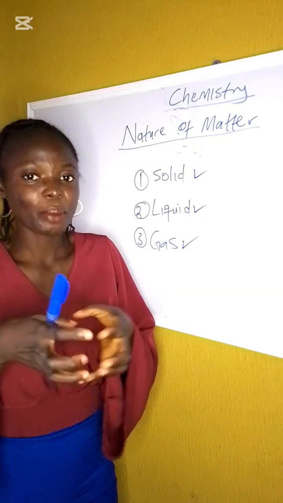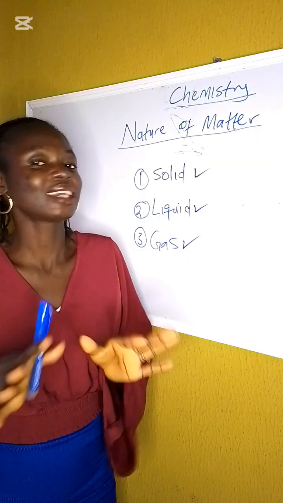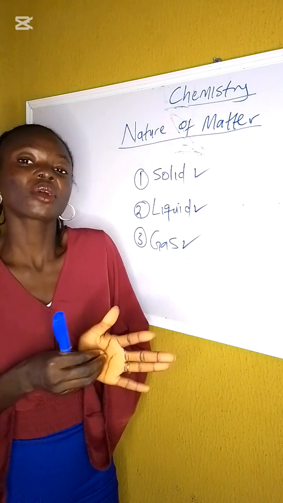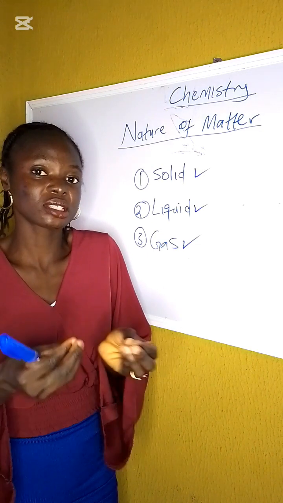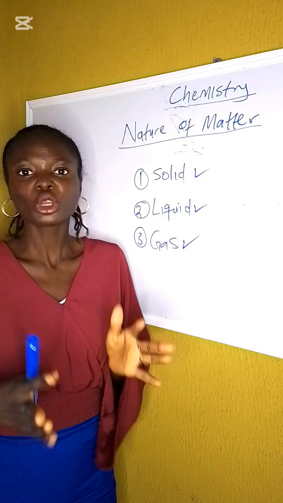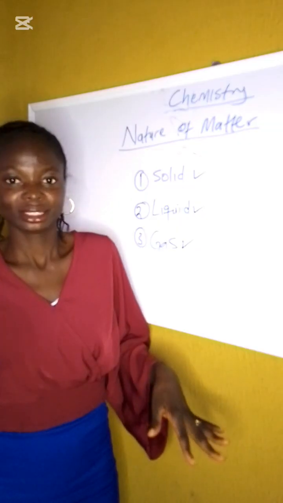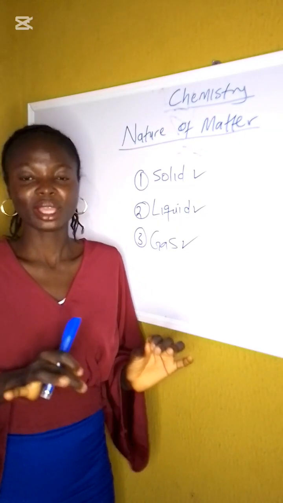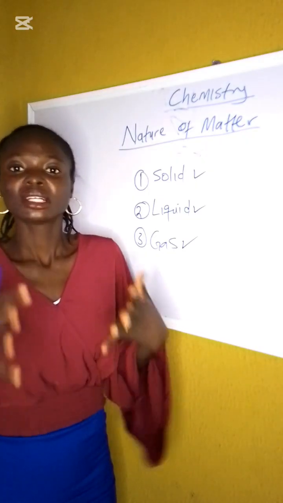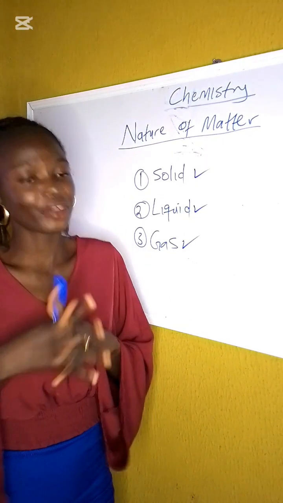That is, the forces that bind the particles together are very, very small. Because they are negligible, the gas molecules are free to vibrate and move around in the container where they are kept.